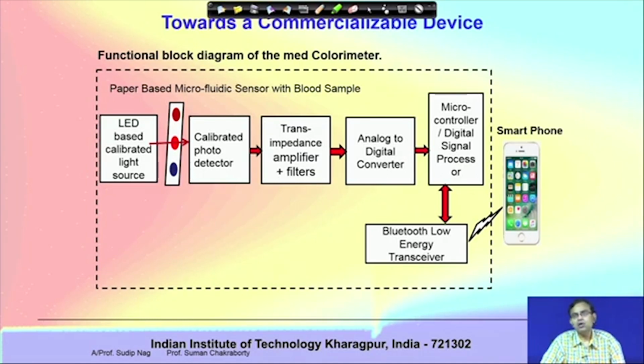So, this makes sure that the colorimetric signal that is obtained from the microfluidic test is essentially converted into a digital signal and then by Bluetooth low energy transceiver this information is transferred to the mobile phone. The mobile phone that the health worker or the patient is carrying will now be having the information on the result of the diagnostic test.